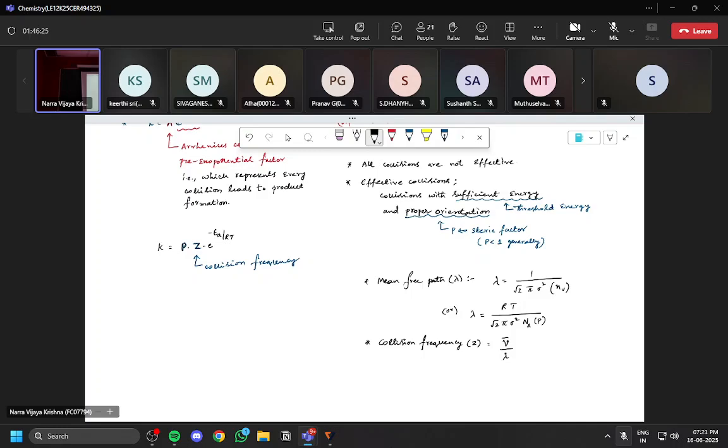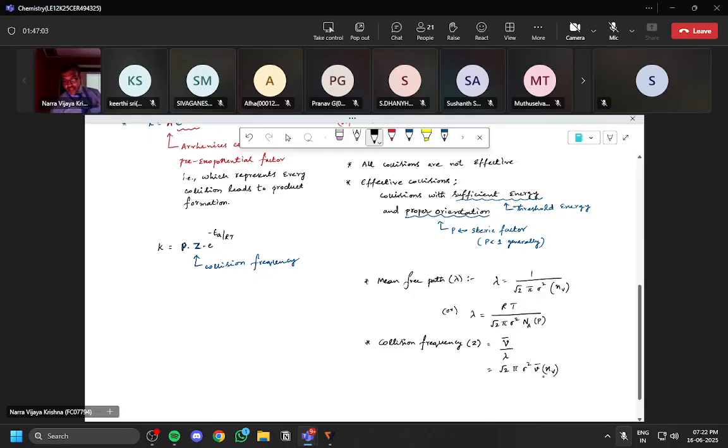The molecules are moving with a certain velocity. Respond. Instead of lambda, if I substitute this term, what will you get? Root 2 pi sigma square nu bar into NV.